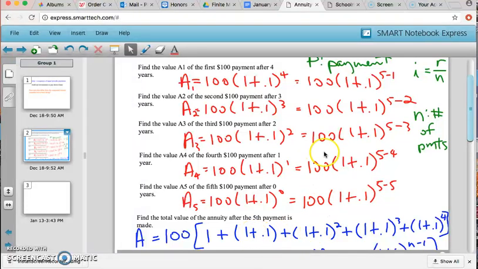This term refers to a sub 3. Factor out 100, you've got 1.1 to the second power, here it is. This term refers to a sub 2. Factor out 100, you've got 1.1 to the third power, there it is. This term refers to a sub 1. Factor out 100, you've got 1.1 to the fourth power, and here it is.